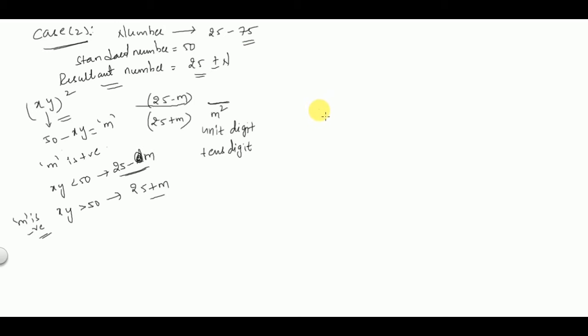Suppose we take an example, then you will understand very clearly. Suppose 46 whole square. First of all we have to subtract the number from 50. So 50 minus 46 will give you 4. So m is positive.